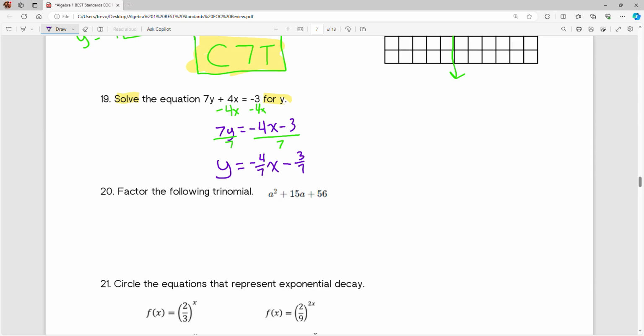Done. And for some practice on this, in IXL, you will go to lesson T5F to practice solving for y.